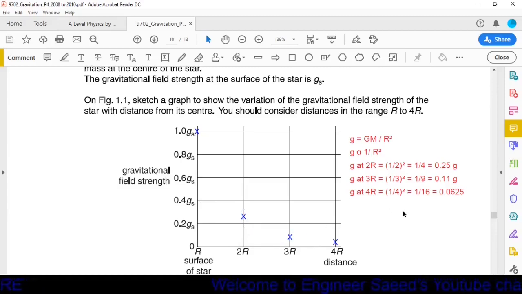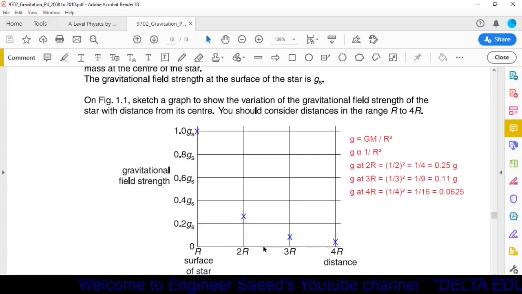Okay, next point is 0.11. It should be in between 0 and 0.2. In the center it will be 0.1, so it will be close to 0.1. At distance 4r, it is 0.0625. We have taken all the points.